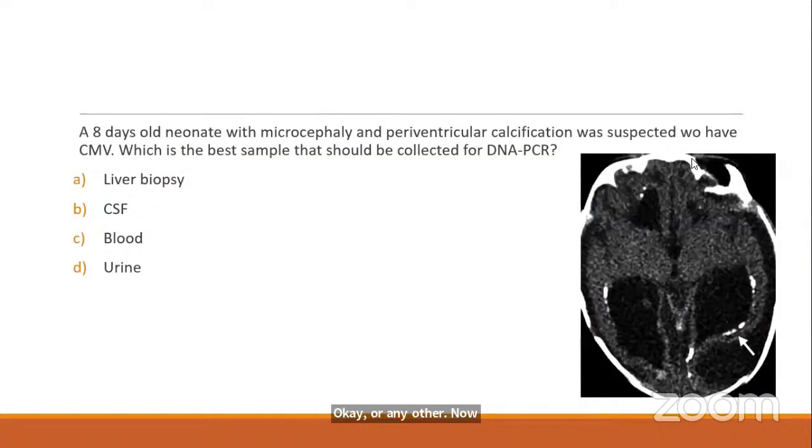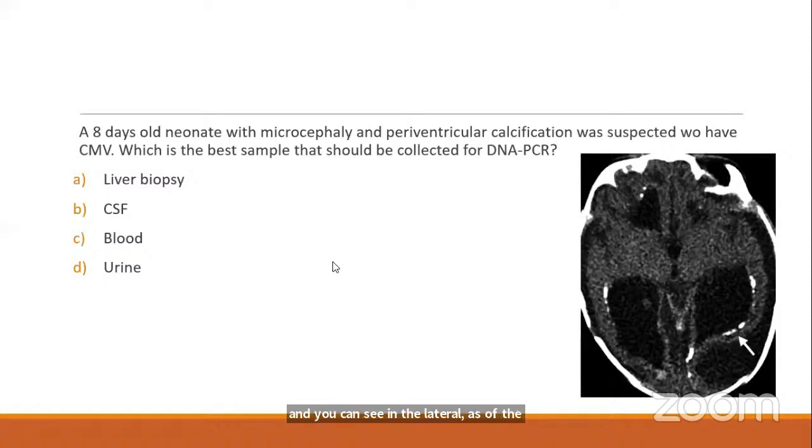Now, coming to the next question. An 8-day-old neonate with microcephaly and periventricular calcification is suspected to have CMV. So you can appreciate periventricular calcifications. I hope you can see the cursor. These are the lateral ventricles, and in the lateral aspect of the lateral ventricle, there is calcification.